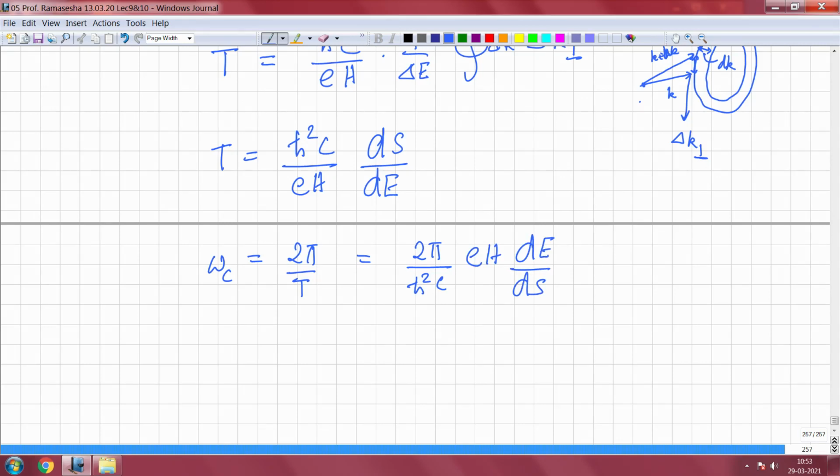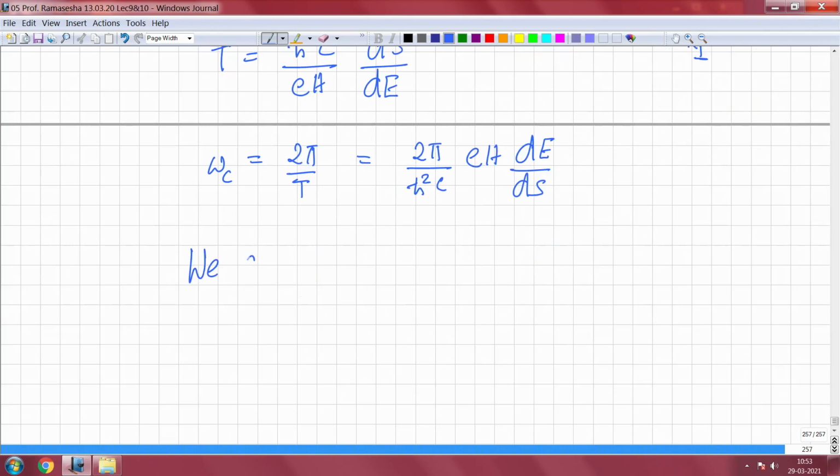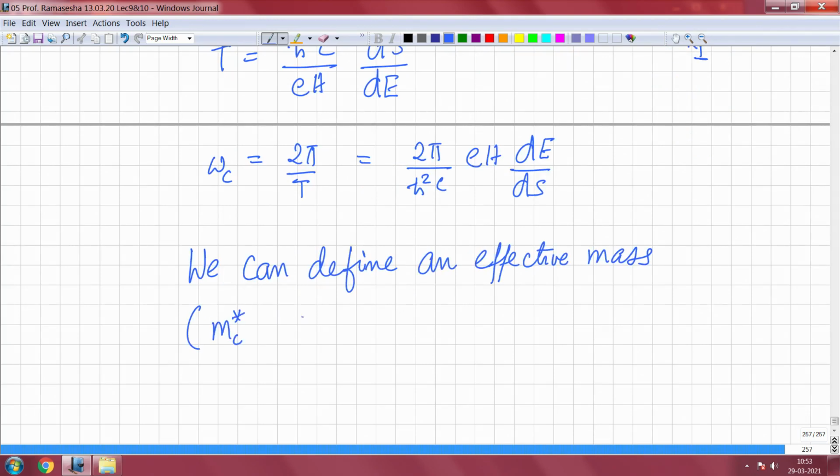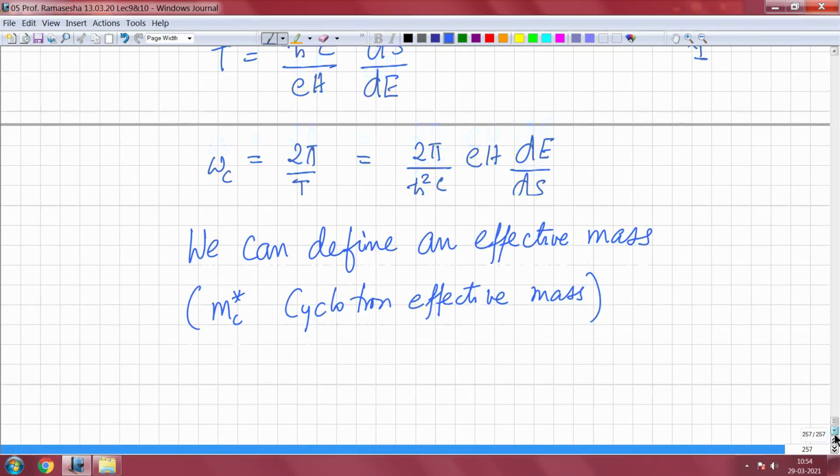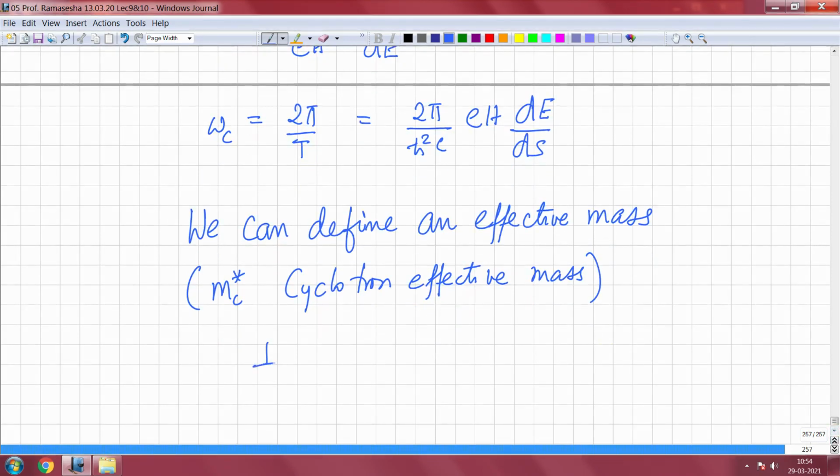If we have this, we can define an effective mass. We call it the cyclotron effective mass, m c star, which is 1 by m c is equal to 2 pi by h cross squared dE by dS.